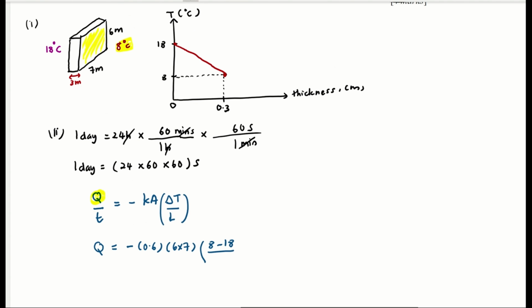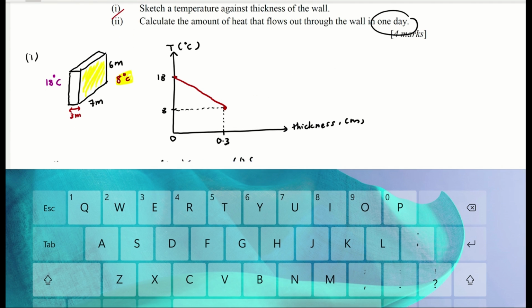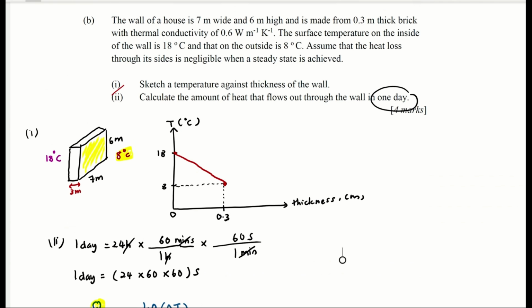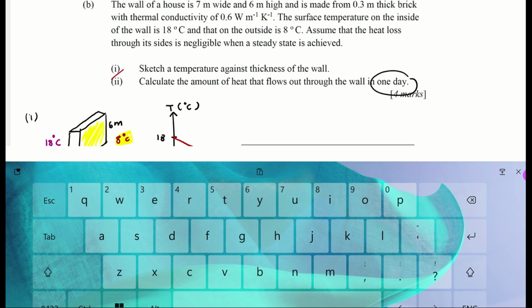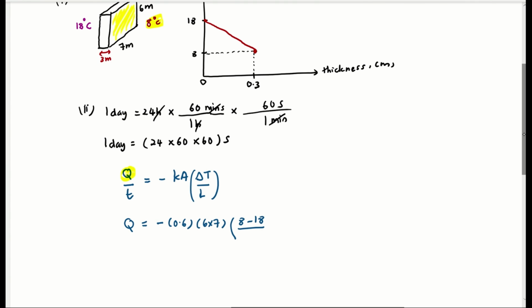So the thickness is 0.3, right? Not 3 meter, sorry. 0.3. Dekat gambar ni saya letak 3 meter, sebenarnya 0.3. Saya tersilap tulis tadi. Jadi dekat sini adalah 0.3 meter.